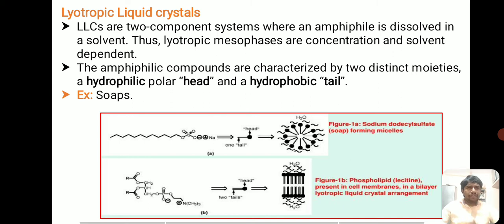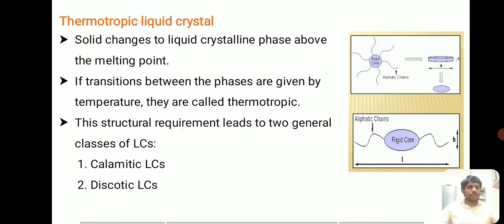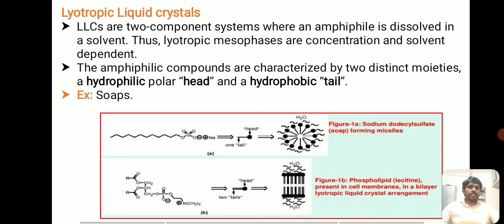The amphiphilic compounds are characterized by two distinct moieties, that is a hydrophilic polar head and a hydrophobic tail. You can see the picture here so that you can understand the hydrophilic head as well as the hydrophobic tail. Examples for this kind of crystals are soaps.